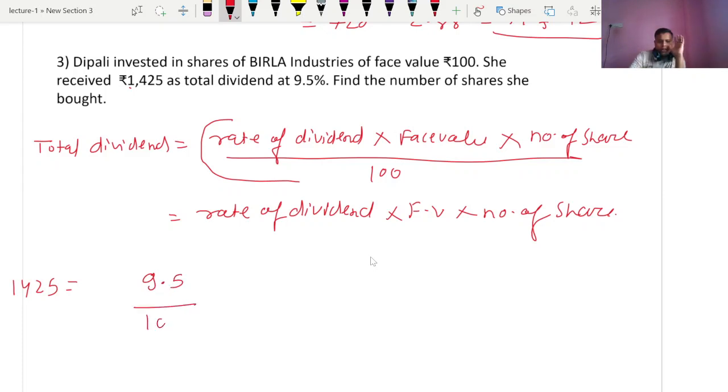Suppose I am seeing the other formula where there is no 100 and the rate of dividend is a percentage: percent means 1 by 100, so this becomes 100. In some books this formula is given, in other books that formula is given.